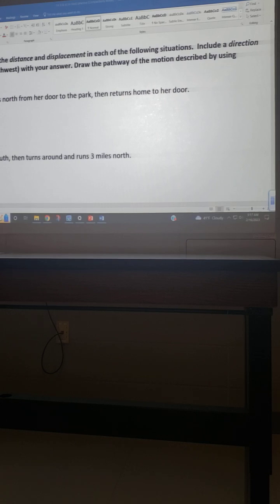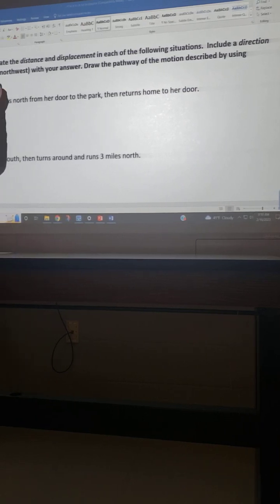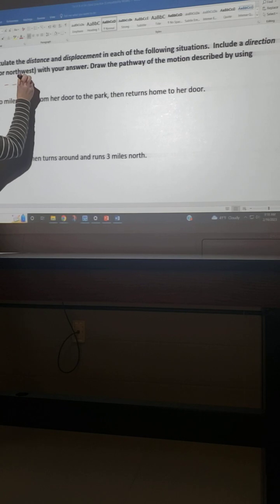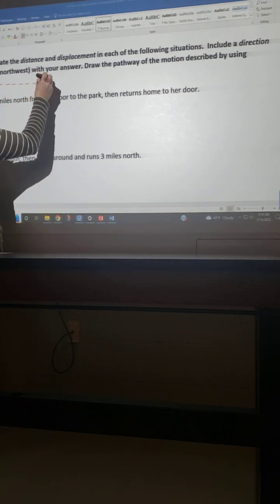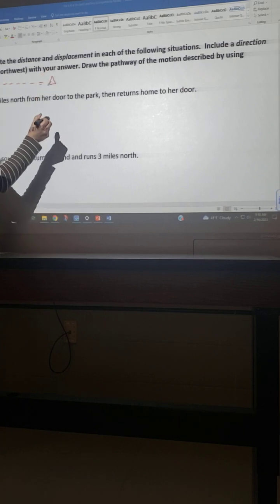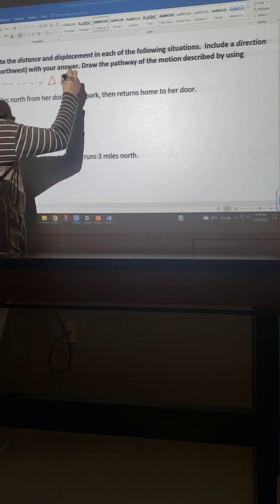I want you to put at the top this little triangle. So make a little dashed line, and this is going to mean that delta means change in position.